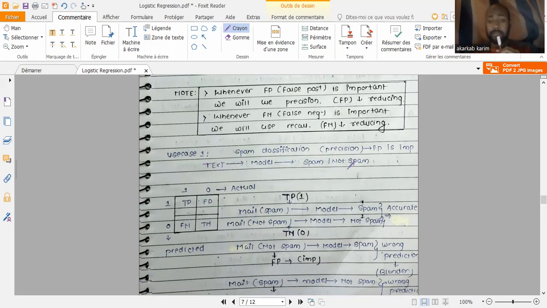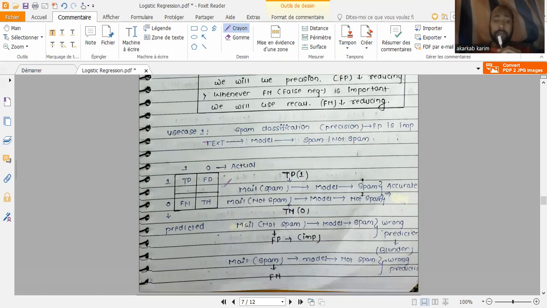If we check our confusion matrix, the actual values are 0, 1, and the predicted ones are 1, 0. Here we have true positive, false positive, false negative, and true negative.